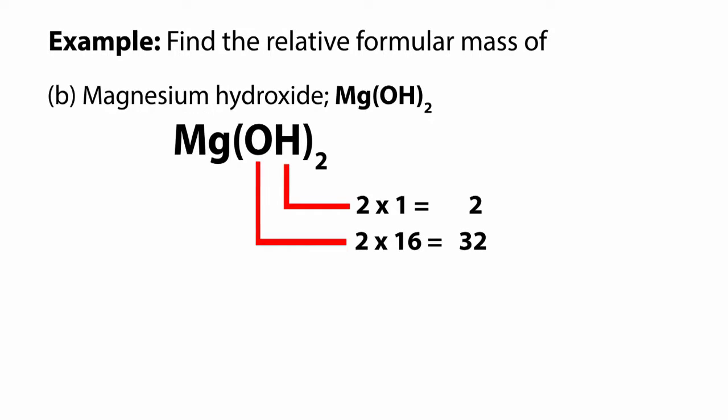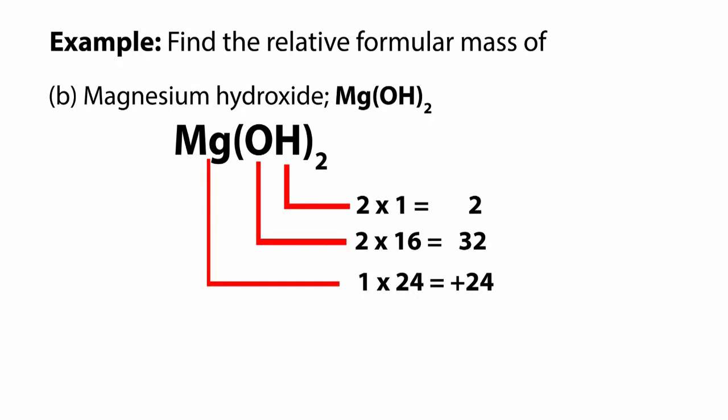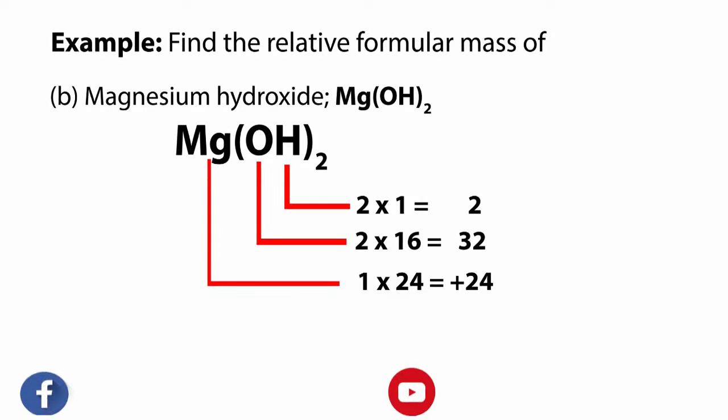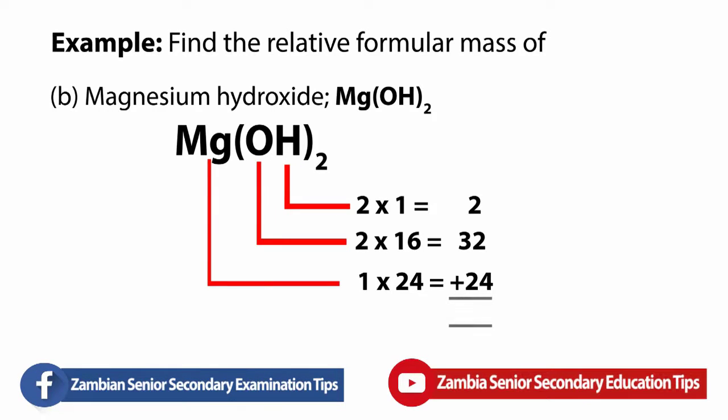The number of atoms of magnesium in this compound is 1. So 1 times 24, which happens to be the relative atomic mass of magnesium, giving us 24. So 2 plus 32 plus 24 gives us 58 grams.